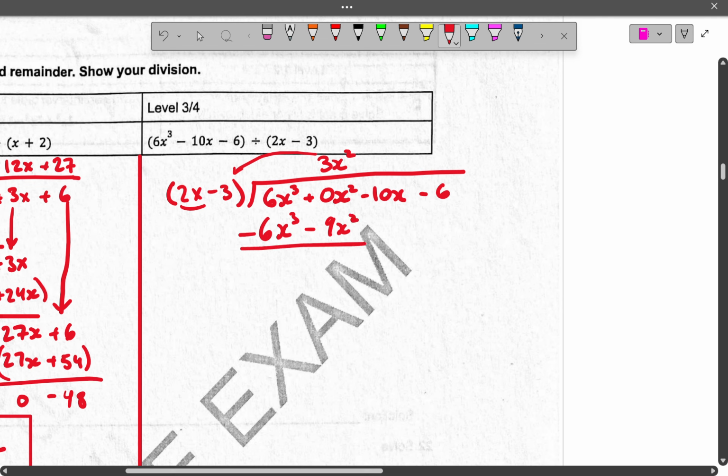And it's the same algorithm, the same steps each time. So these get subtracted, this gives me 0, and then a negative times a negative will be plus 9x squared. So I get positive 9x squared. And then I draw this down, negative 10x.